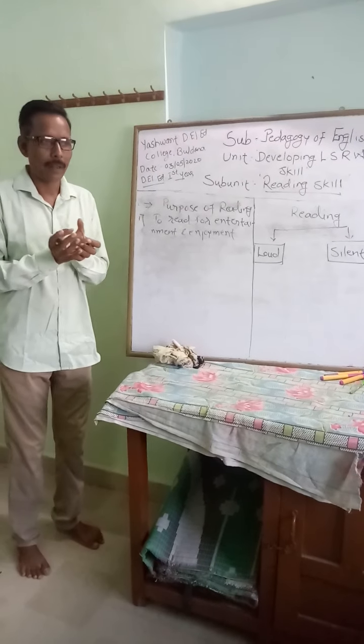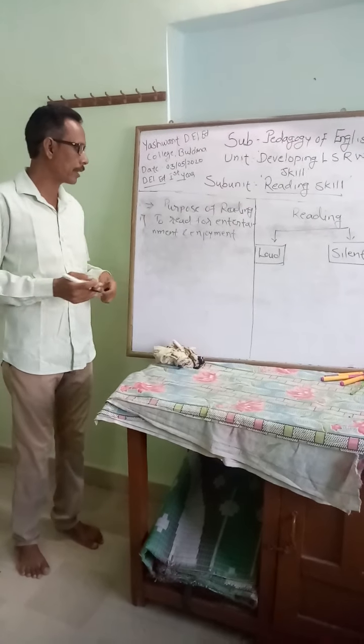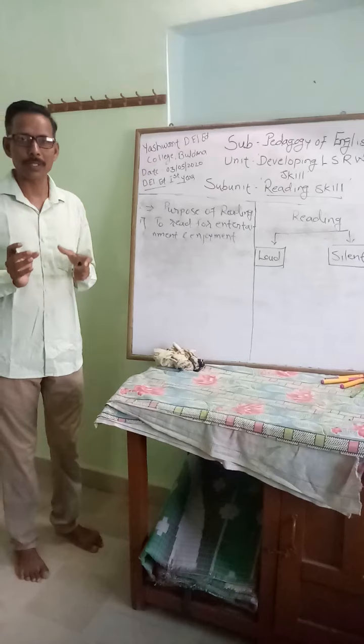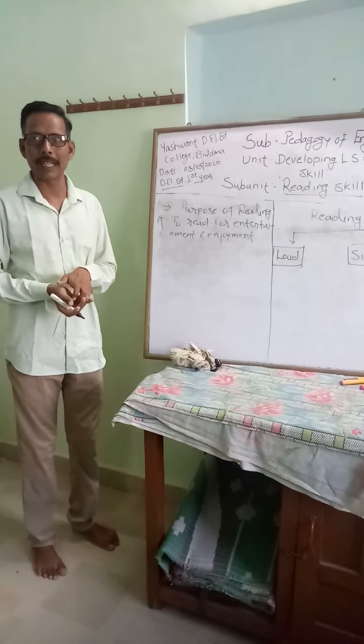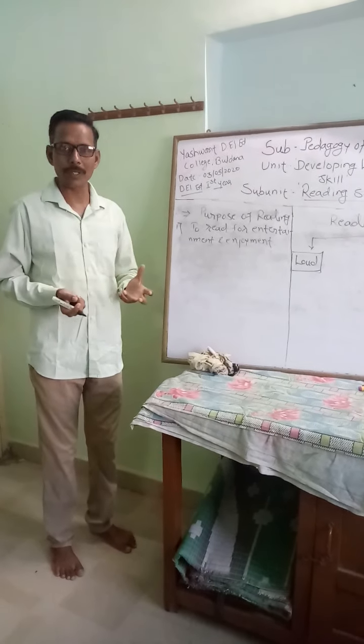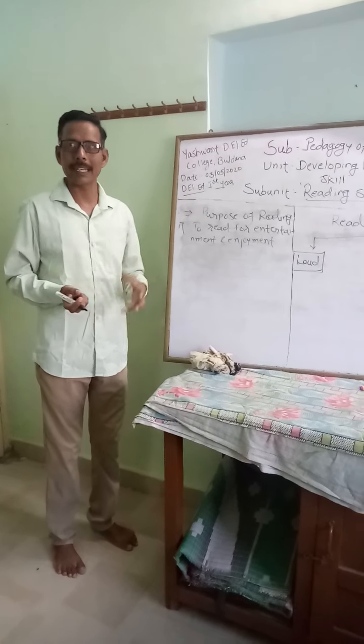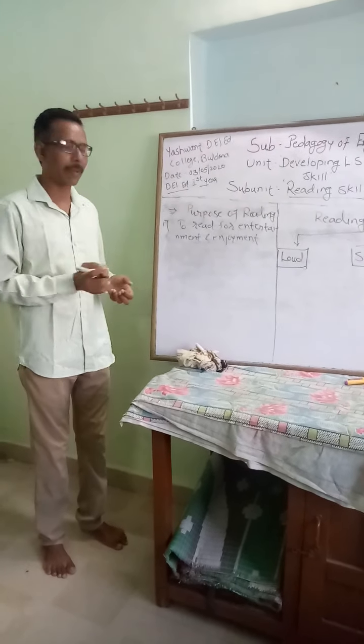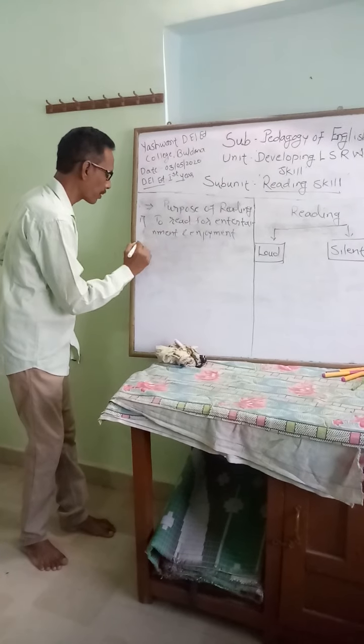There are so many books which we read for entertainment and enjoyment. For example, kids very much like comic books. They enjoy reading them and get entertainment also. So this is the first purpose.